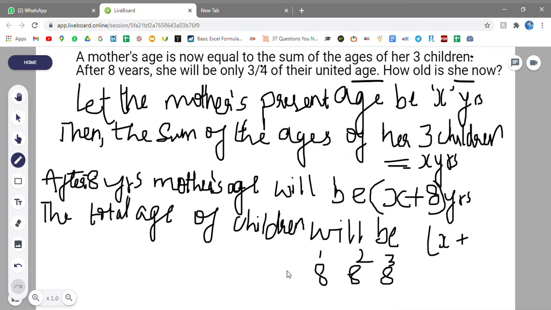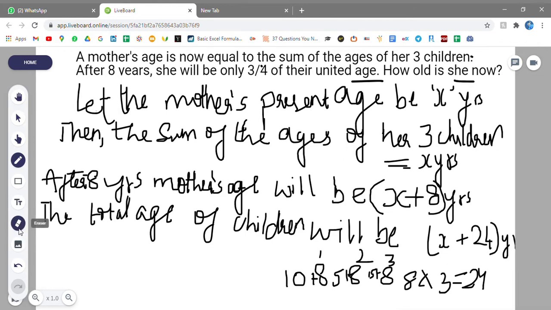Whatever their age was, let's say if for example one was 10 years, so 10 plus 8. If the second one was 5 years, then again 5 plus 8. If third child was somewhere around 15 years, 15 plus 8. So plus 8 plus 8 plus 8, 3 times we are supposed to do plus 8. So that is why we are going to take 8 3s are 24. That's nothing but x plus 24 years.